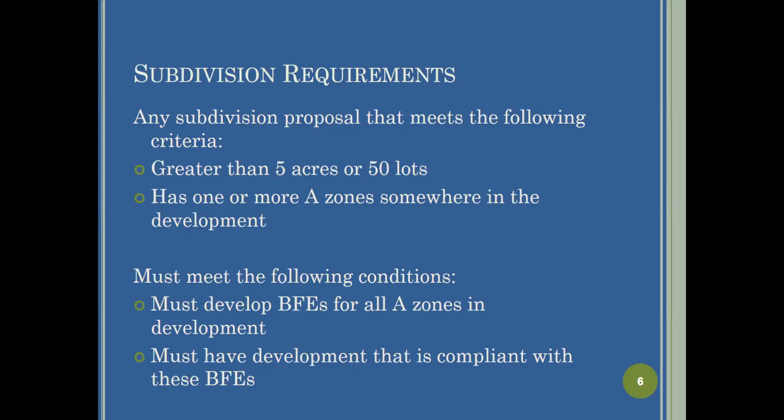If you have a zone A crossing a piece of property and someone comes in with a subdivision proposal, if it's greater than 5 acres, or if they're proposing more than 50 lots, they have to determine a flood elevation on that property. Then every piece of development within that subdivision has to follow the regulations as if it was a zone AE.